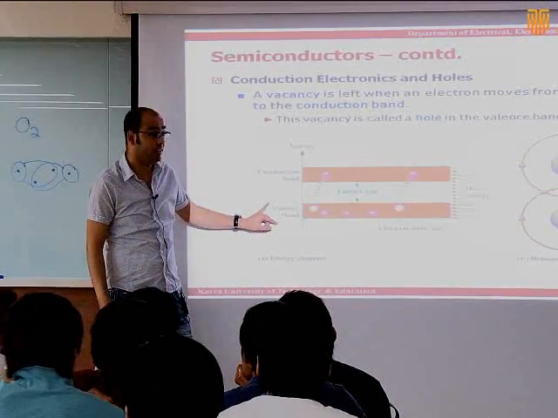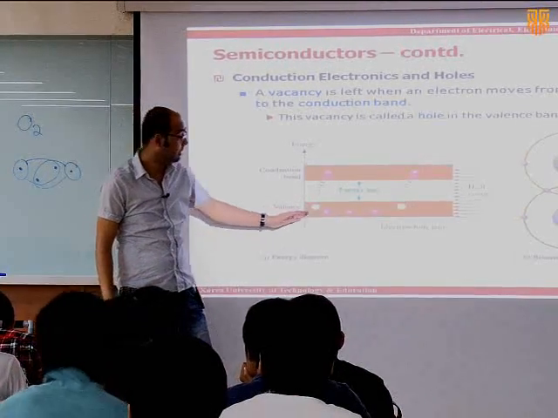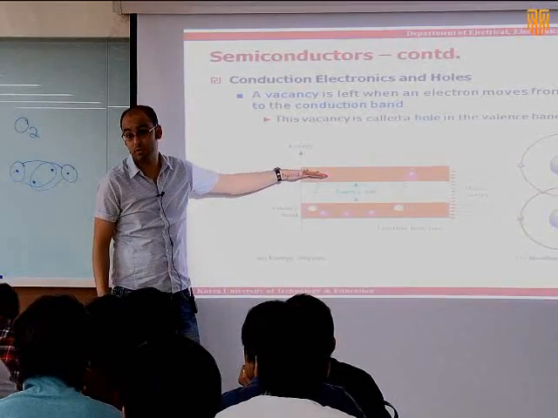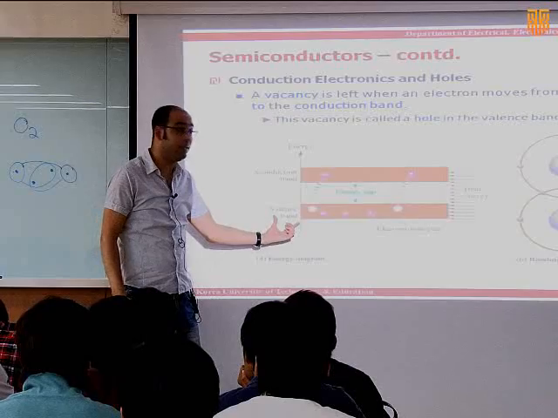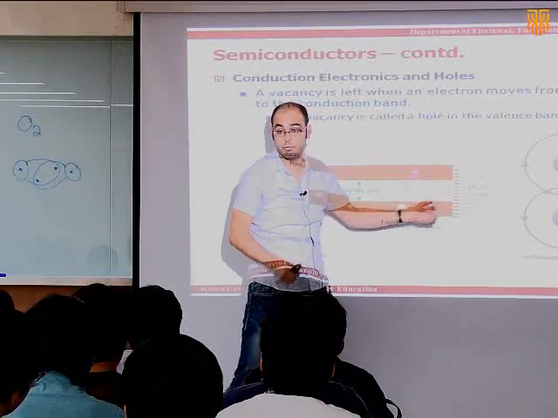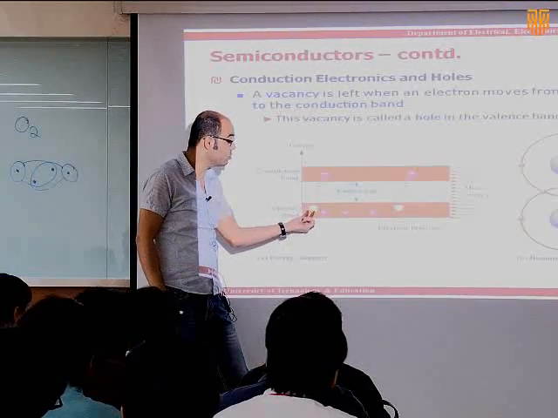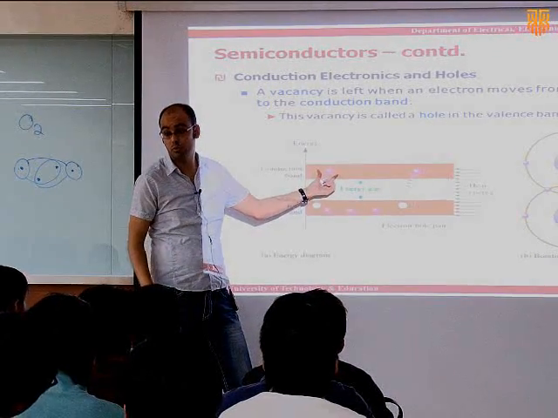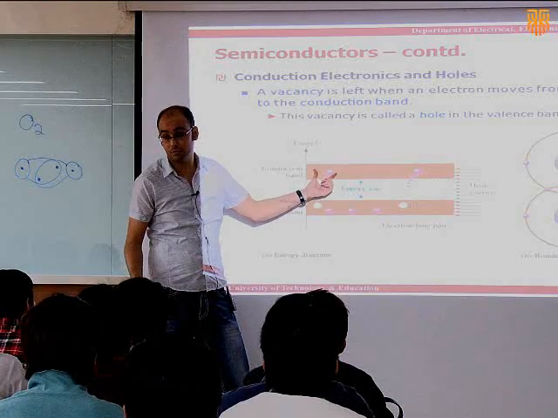So if we have a valence band, it has some electrons, right? And we have the conduction band. This one is the conduction band. If we put some energy, or heat energy, some electrons will move from the valence band to the conduction band, and become free electrons, free to conduct.